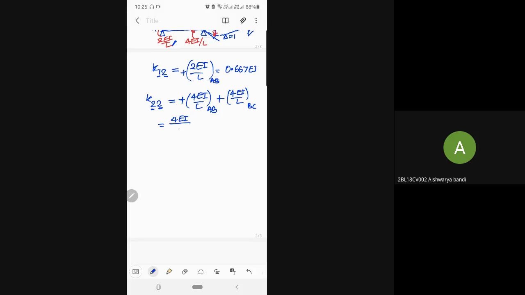What is the length for AB? AB is 3, so 4EI by 3, plus for member BC, which is 4 meter, 4EI by 4. If you add these two, you will get K22 as 2.334 EI.